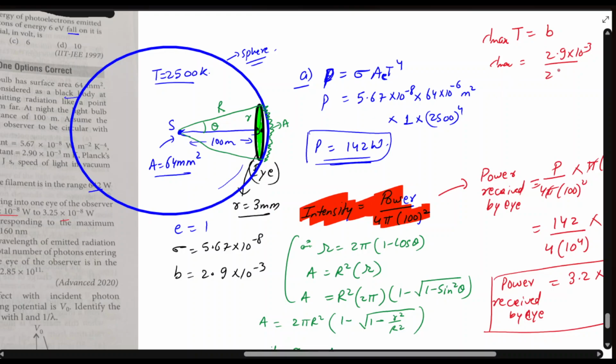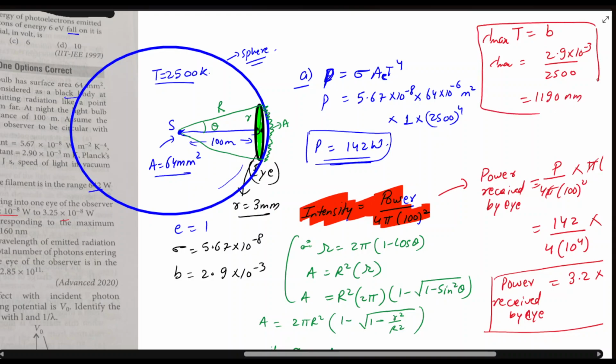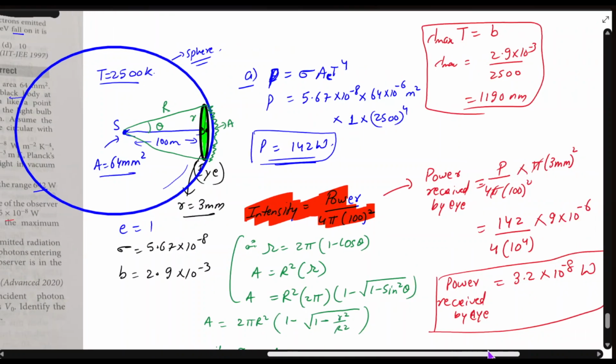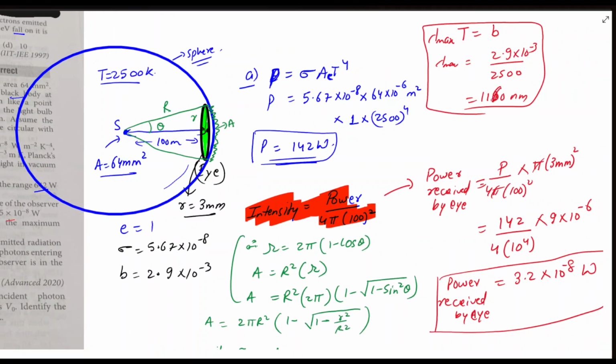So temperature is 2500, right? So you will get 1190 nanometer. So I think this option is also correct. Yes, C is also correct. 1190 or 1160, 1160 you will get.